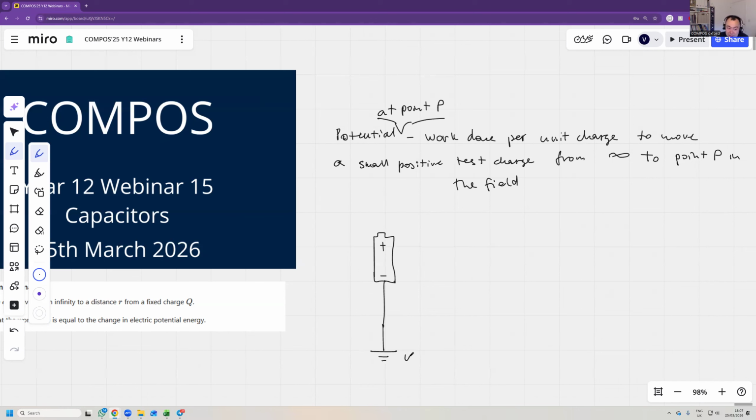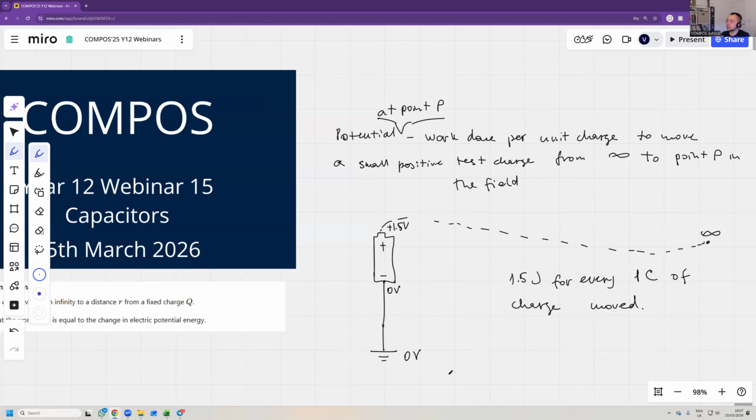The earth is always at 0 volts, so the potential here is 0 volts, and the potential here is 1.5 volts. That means to move a charge from infinity, for every coulomb of charge, you will need 1.5 joules.